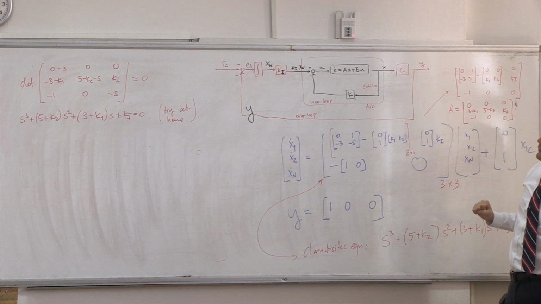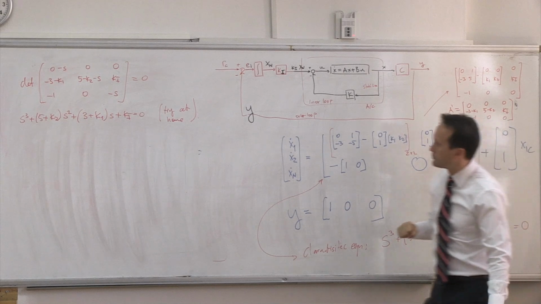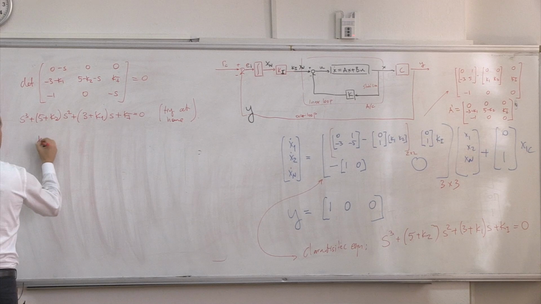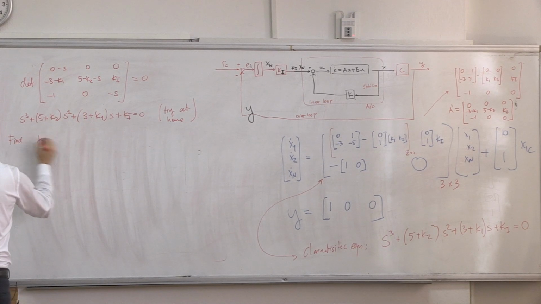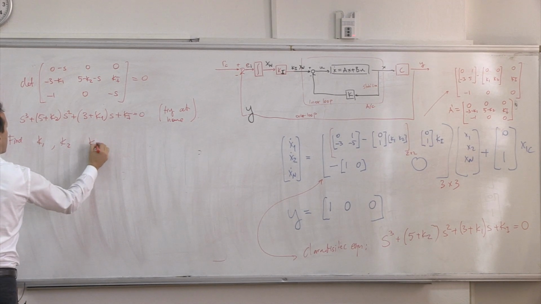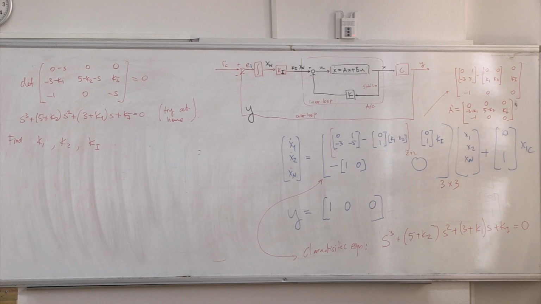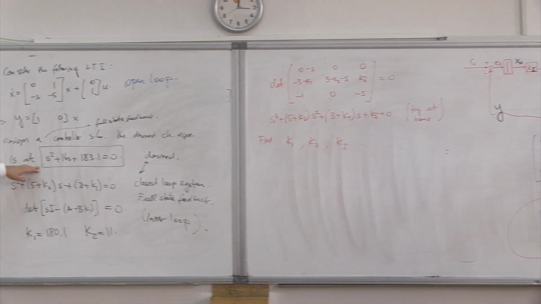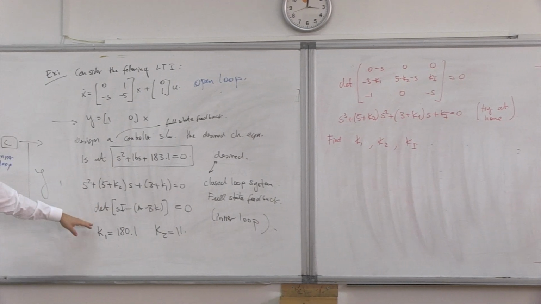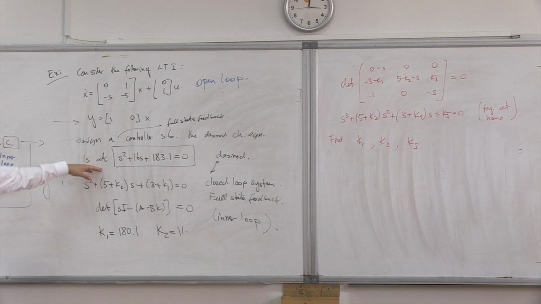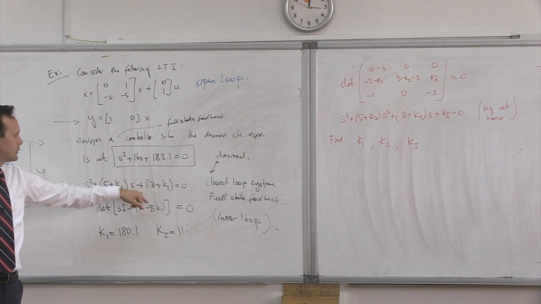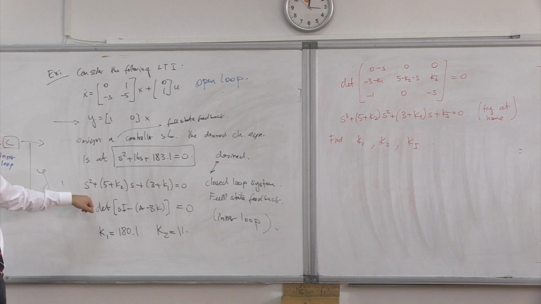So, what do we need to do? Find K1, K2, and Ki based on these requirements. So, remember in the previous one, we just equated the desired to the closed loop. This was pretty straightforward because I had two unknowns and a second order system here and a second order equation here.